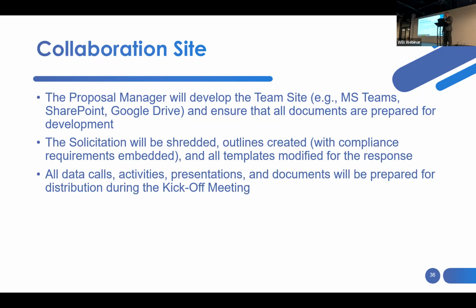And then data calls. Data calls, if you have teaming partners, I typically send data calls to get the basic company information, like their bios, company cameo, that you can put in a proposal.